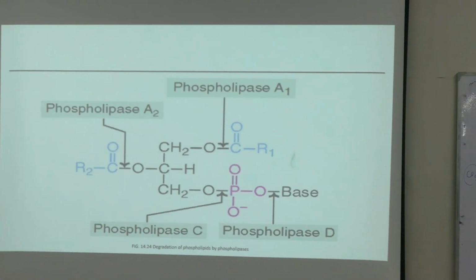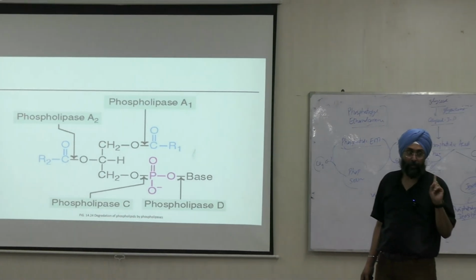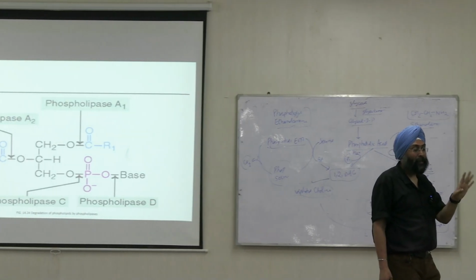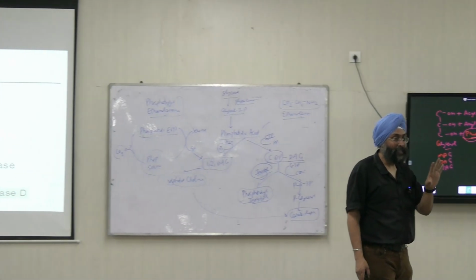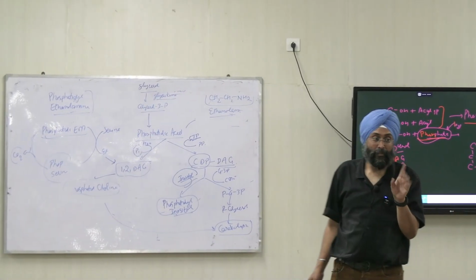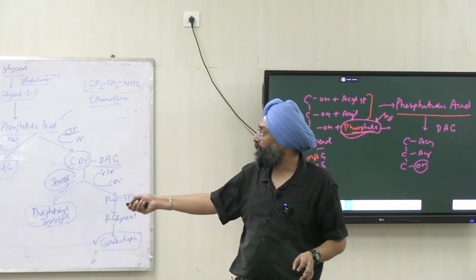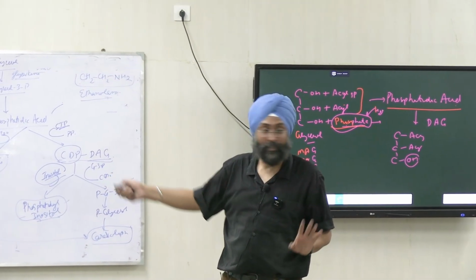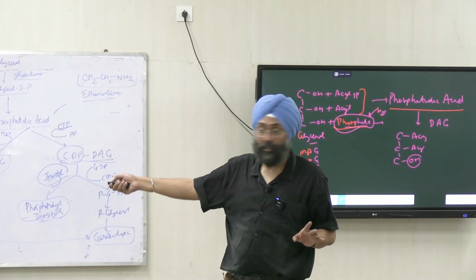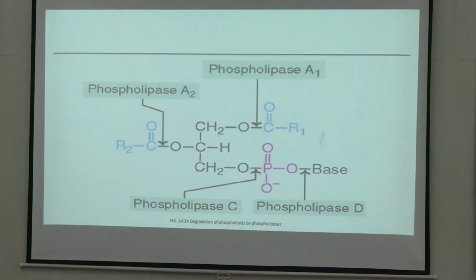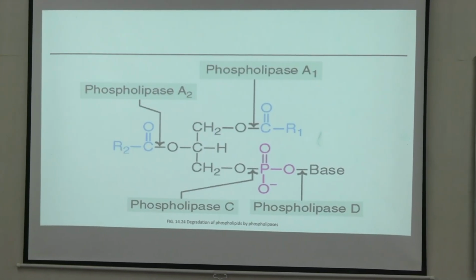So you may find it difficult, but you will get a short multiple choice from this. They will be giving phospholipases A, B, C and D, and in the multiple choice, A1 will act at, you will be given choices base, phosphate or something else, but A1 will act at one acyl group, A2 will act at the second acyl group, C will act at the phosphate group and D will act at the base.